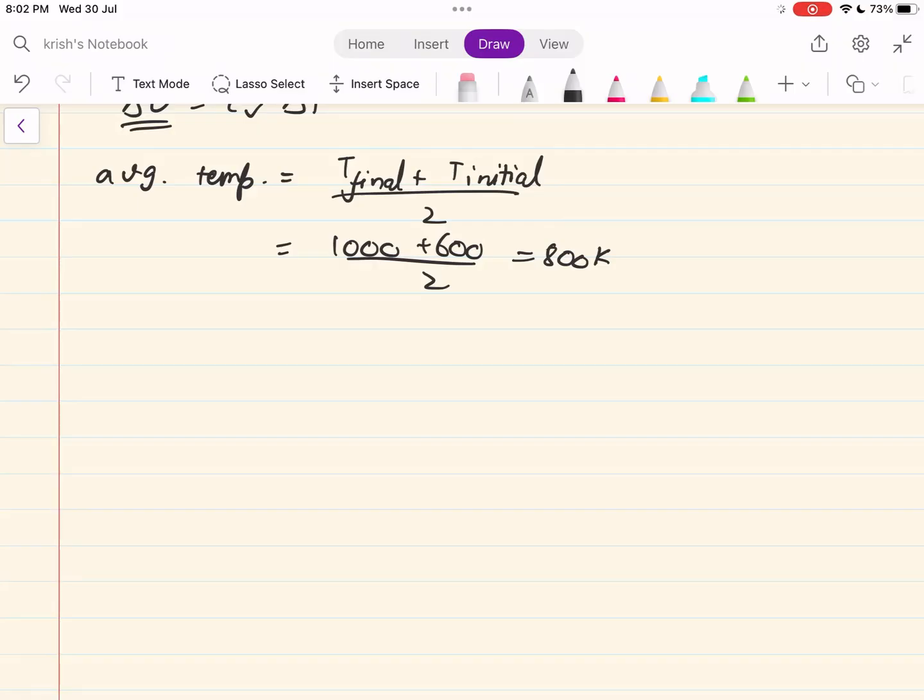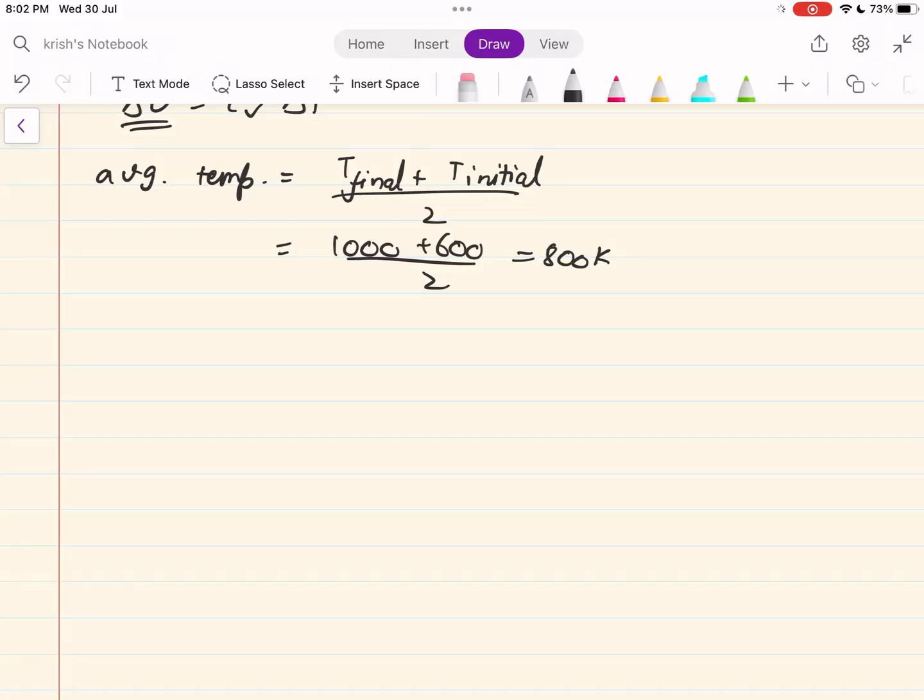Because integration is for when Cv is changing with the temperature, so that we can account for the continuous change, right? That is what integration means. But here, since we have Cv value at constant temperature of 800 Kelvin, we will use the empirical relationship and just plug in T to be 800 Kelvin.